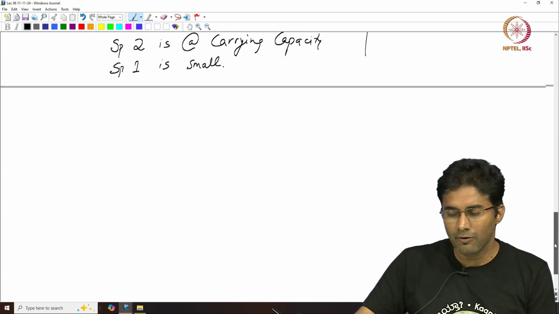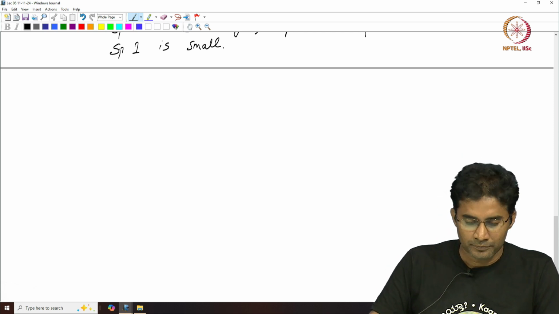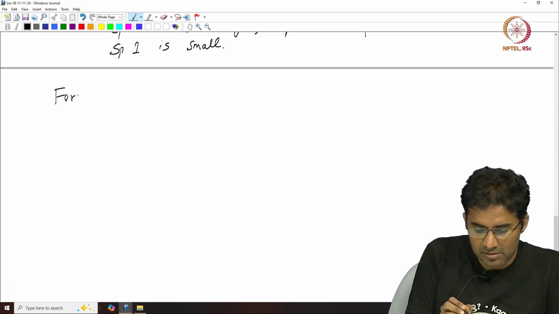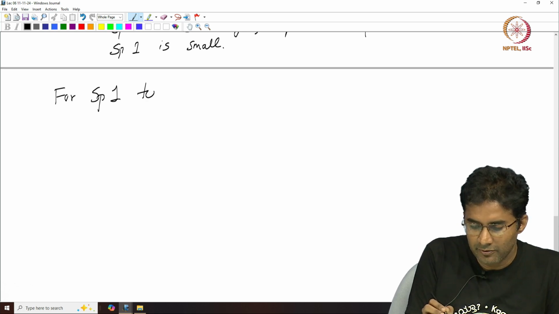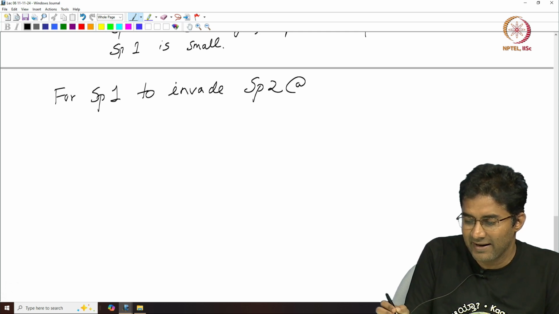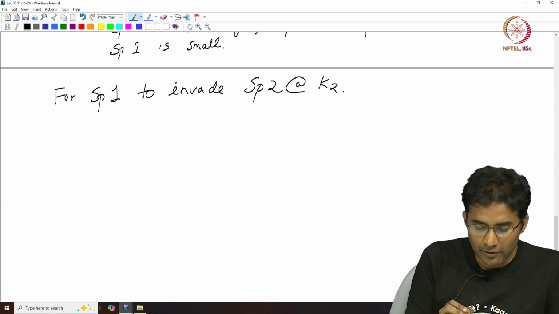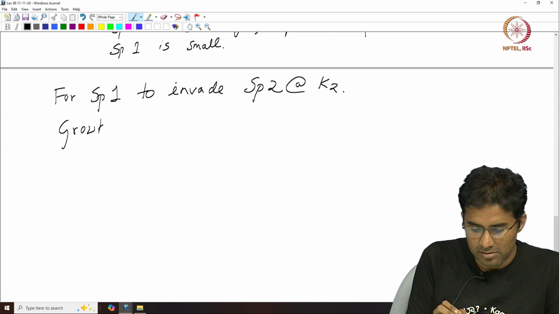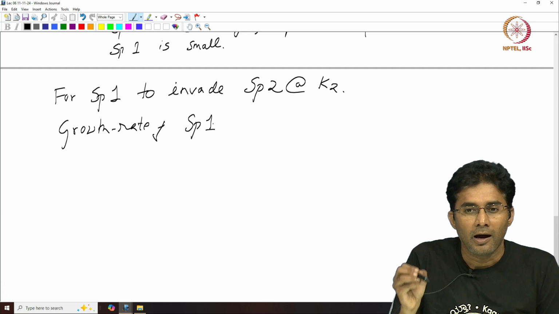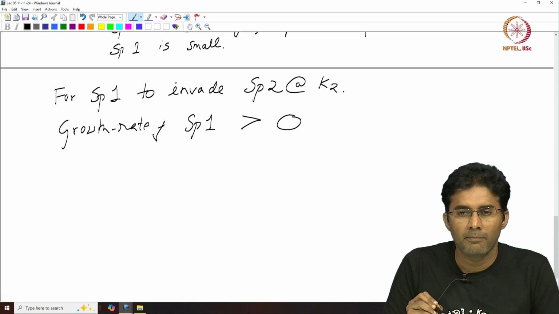To do this, let us go back to the Lotka-Volterra equations and see what happens. Now, for species 1 to invade species 2, which is at its carrying capacity, the growth rate of species 1 at this instant must be positive, greater than 0.